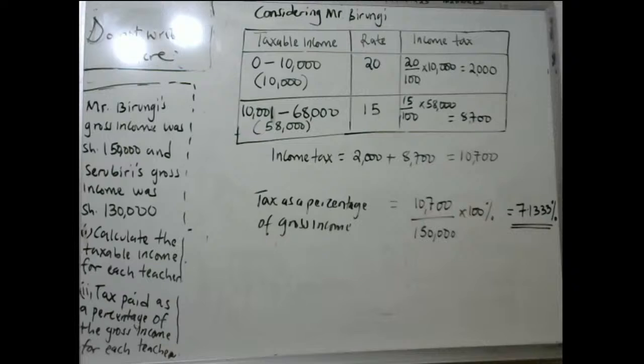So you get the total tax that these people are supposed to pay over the gross income times 100%. Then you'll get the tax as a percentage of the gross income. Remember, we are dealing with one teacher in that category. Now we are going to look at another teacher as well. That has been Mr. Birungi. Now we are going to go to Mr. Serubiri and the question will be done.